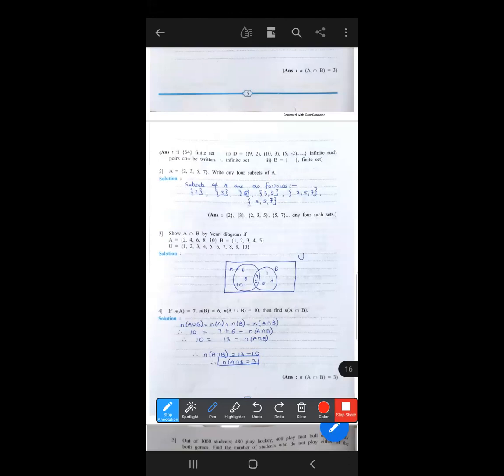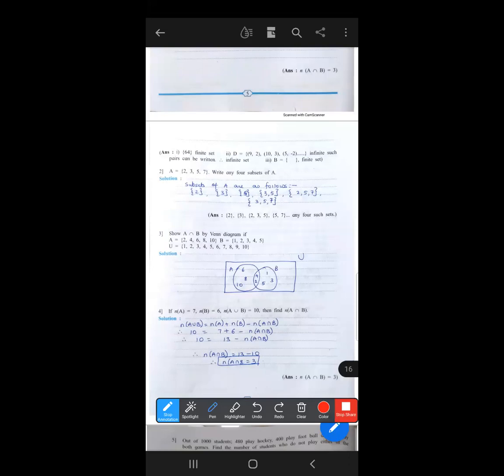Show A intersection B by Venn diagram. Now here they have mentioned that the Venn diagram is a must. By Venn diagram, that means you have to draw the Venn diagram.